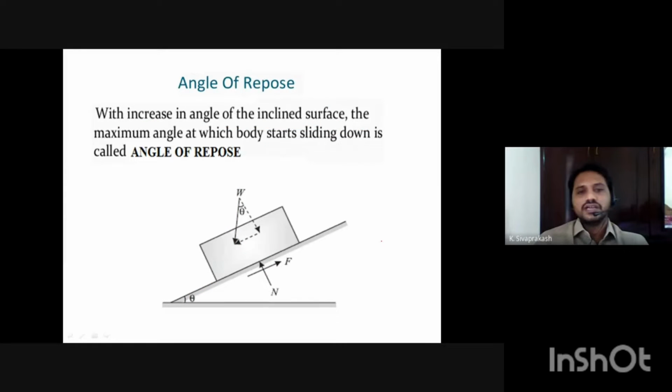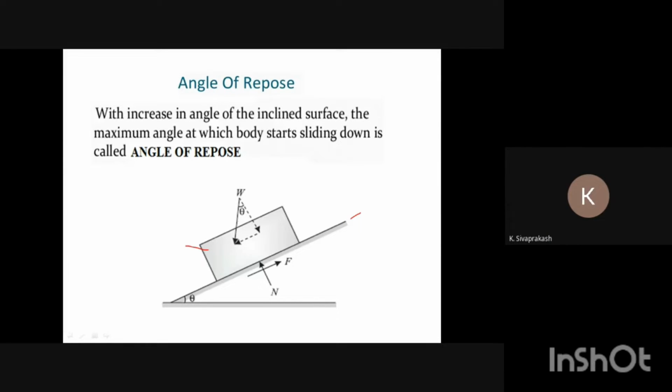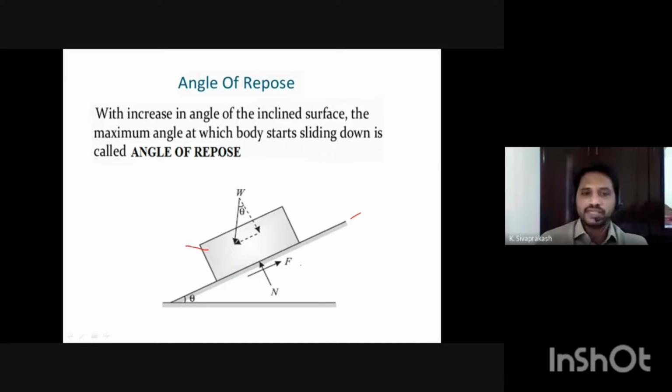Now, one more thing I will explain here. When you are considering the body on the inclined surface, the weight of the body is acting downward. With respect to the inclined surface, what about the force W?